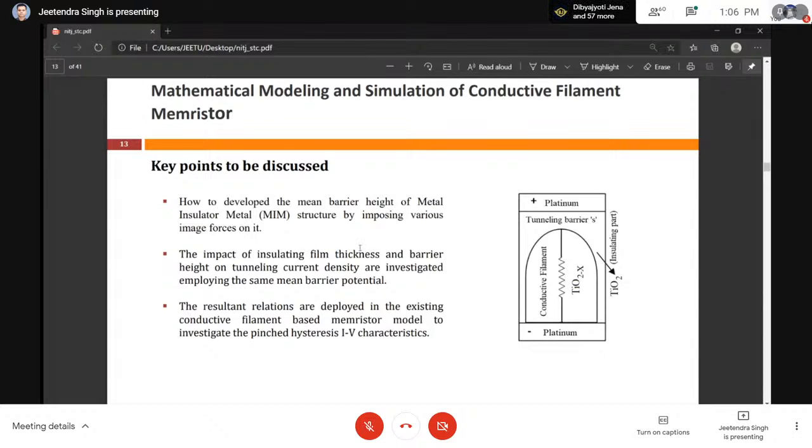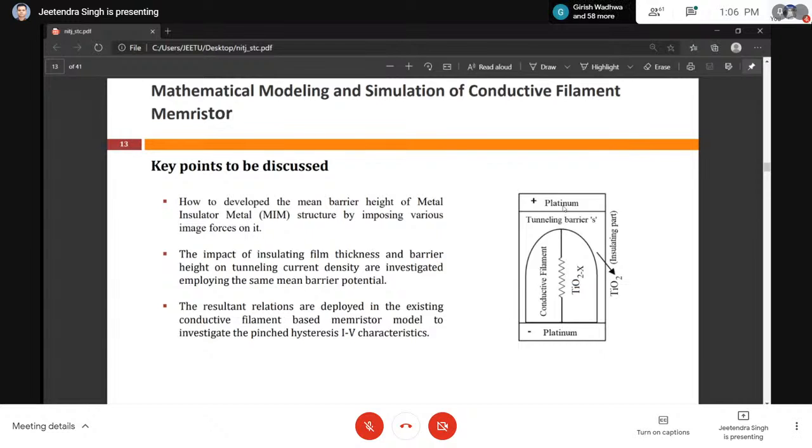You need to develop a mathematical model first, and if you want to use it in an integrated circuit, then surely you want to work with HSpice, and you have to develop the Verilog code for the modeling of the memristor, and then implement it in your circuit with the help of HSpice tools or any other. So here I will show you how to model this memristor.